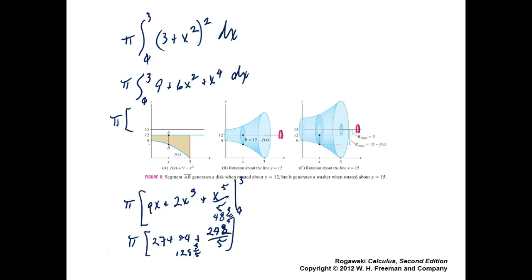And they probably write it as a fraction, so that would be 45 and 3 is 48, and then 648 over 5 pi. That's what I got. I don't know if that is what they got. 648 over 5 pi. Okay? That's the first.